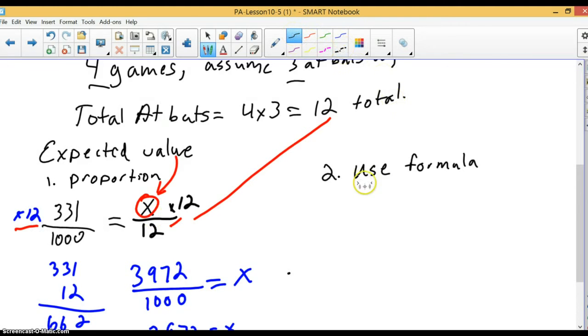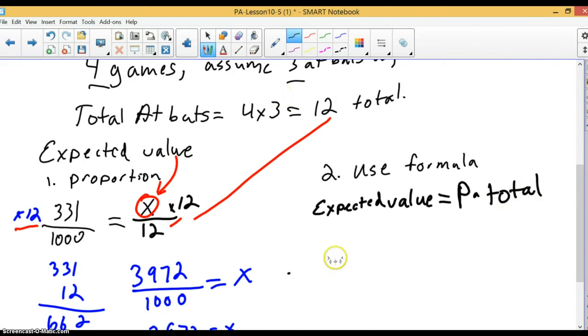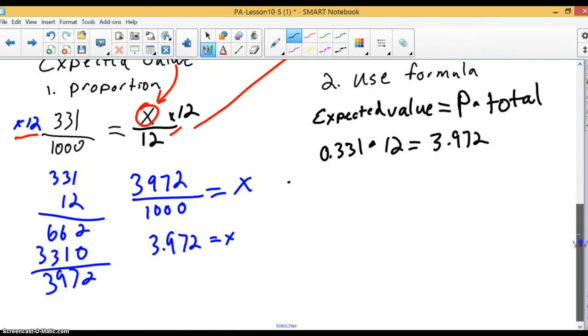So our formula is going to be expected value equals the probability times our total. So if we do that in this problem, we would take 0.331, multiply that by 12, and that's going to give us the same value of 3.972.